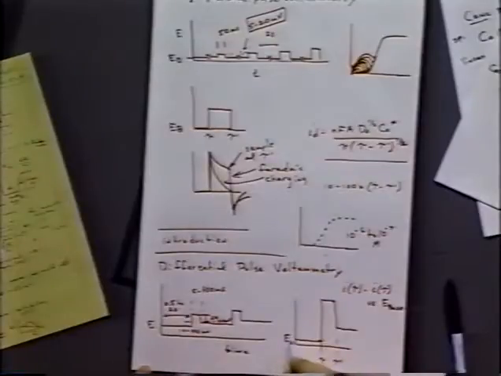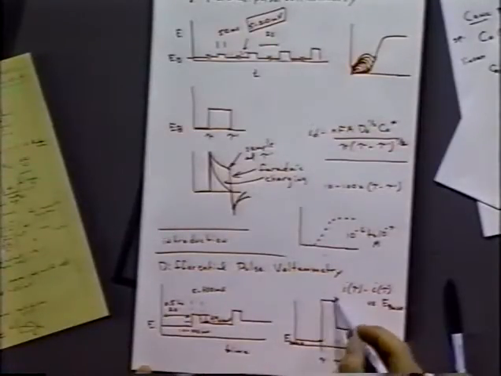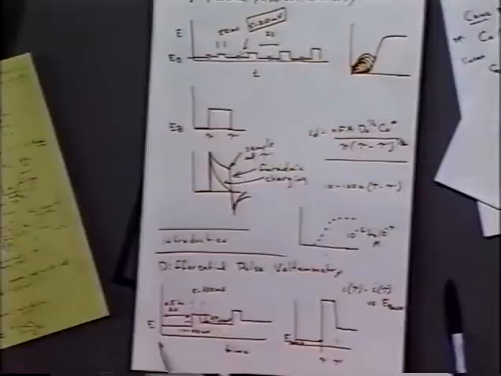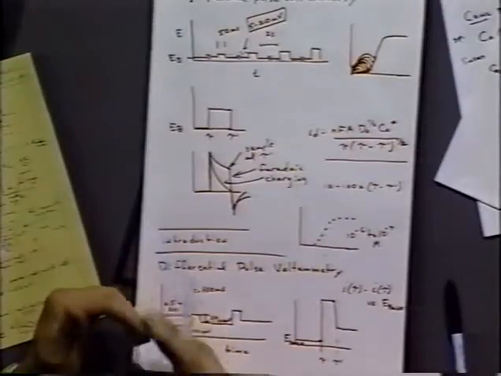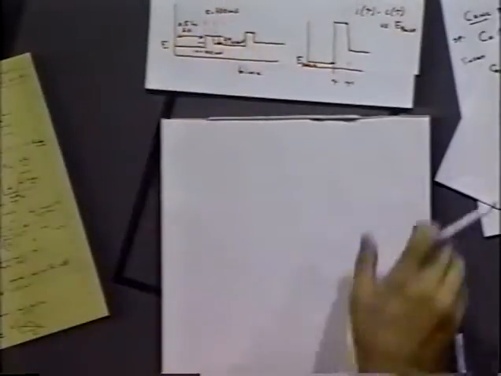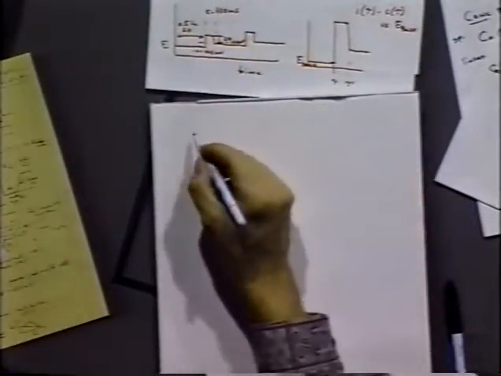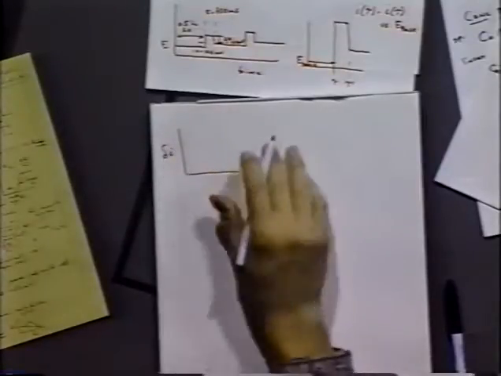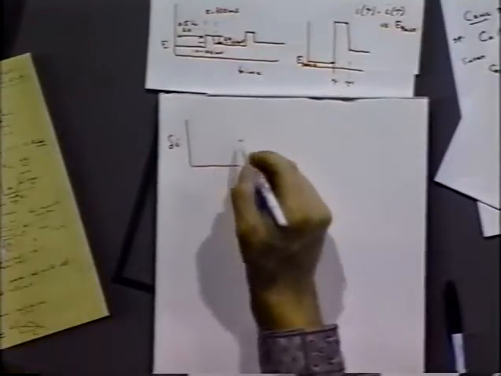And this would be E base down here. So every time we do a step out and back, we measure the current as a function of tau, tau prime. We plot that versus the base potential. Essentially what we're going to have is a derivative of the normal pulse voltammetric curve. When we do that, we get a delta current. It's not strictly a delta, but pretty close.